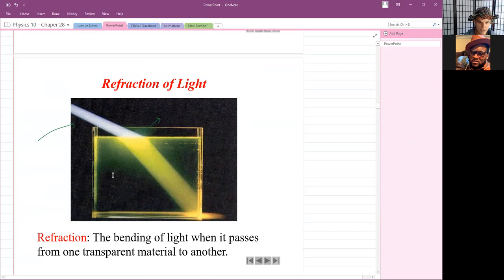But this is the light that gets transmitted through. And it's bending because if it was traveling just in a straight line, the light would have gone something like this. But as it went from air to water, that light bent, and the bending of light as it passes from one transparent material to another is what we call refraction.